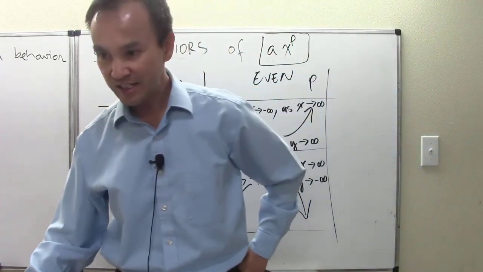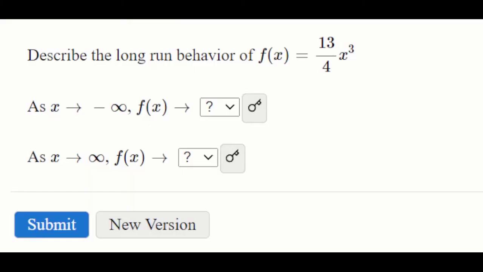Let's see what the software is saying. With the software, the left end in this case points down, so I'm going to select this answer. Then the right end, x going to positive infinity, we're going to select that, and the answer keys agree with that. Like I said, this is for instructors only.